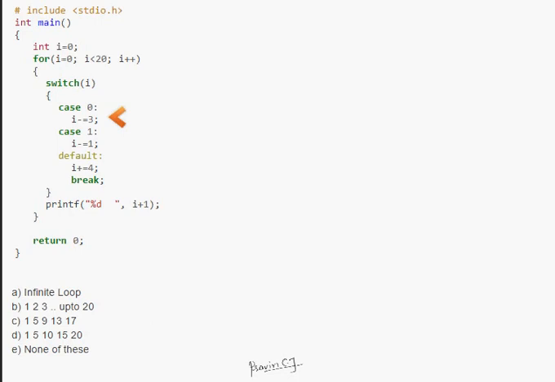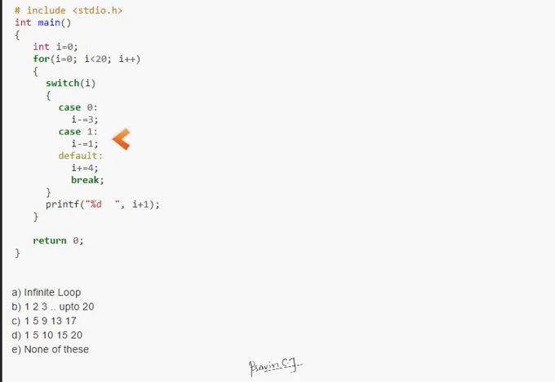It is a decrement operator. Similarly, if you say i equals i minus 3, instead of that you can write i minus equal to 3. So it will decrement the value by 3. Case 1 will return minus 1. Default: 5 plus 4. So what is the answer?